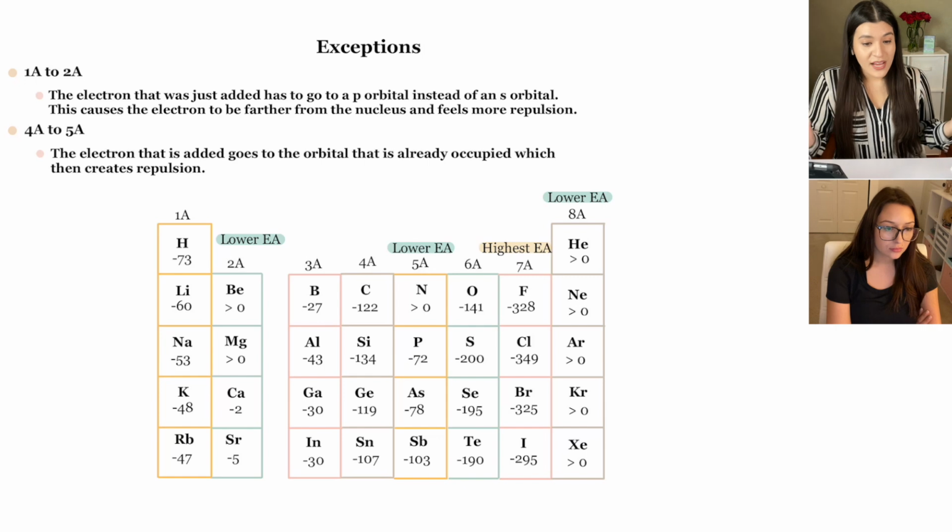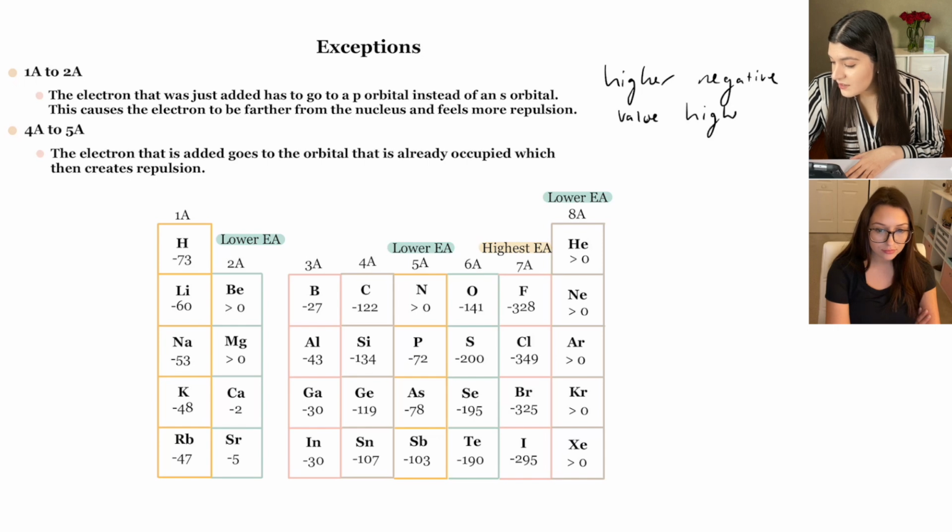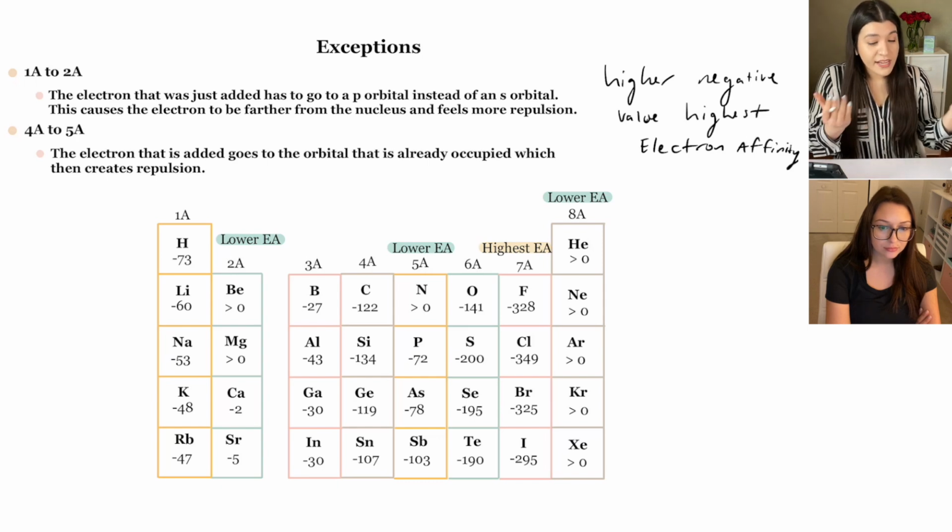If you were ever given any negative values, the higher negative value is going to tell us that it is the highest electron affinity. Okay. Doesn't matter if it's positive, we don't want positive here. And the reason is that if we're gaining an electron, then it's becoming more negative, right?